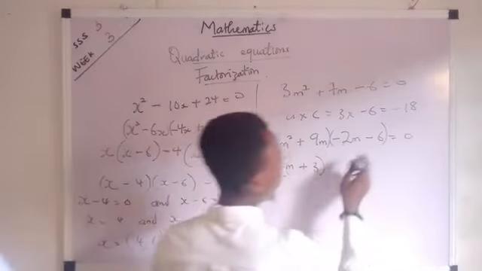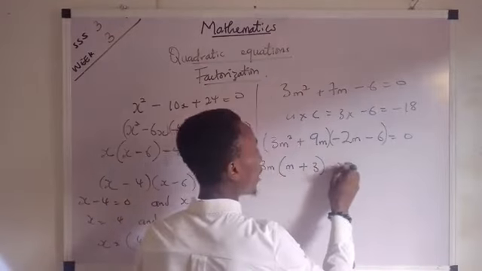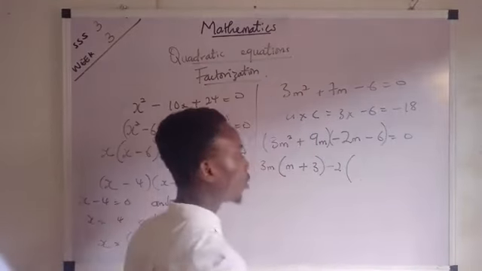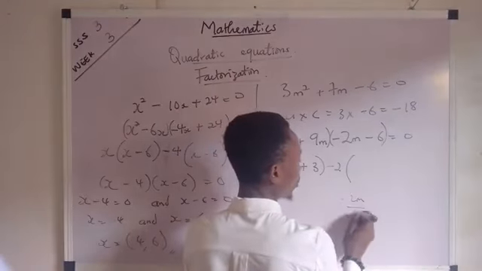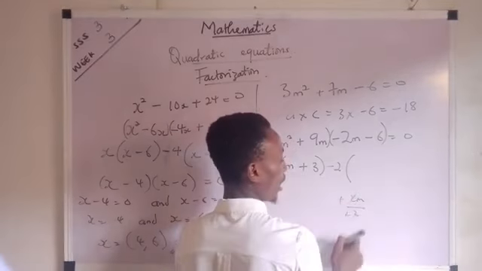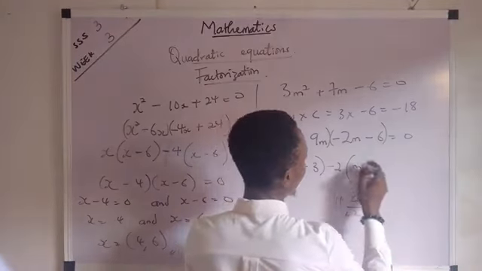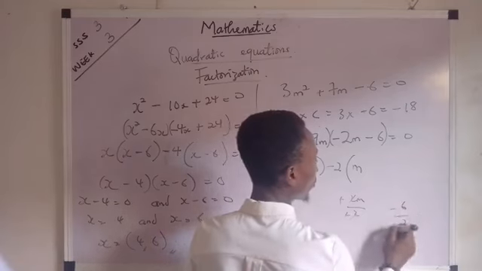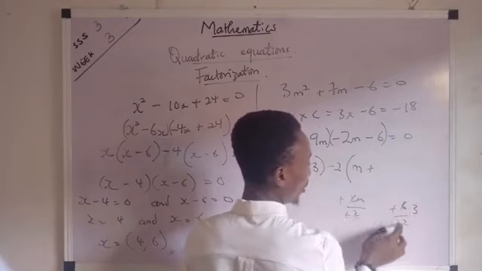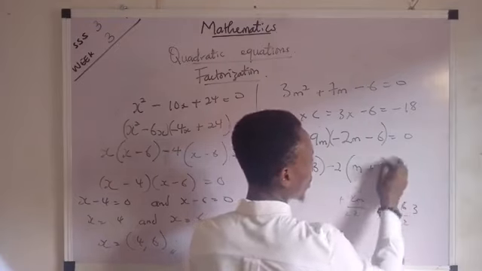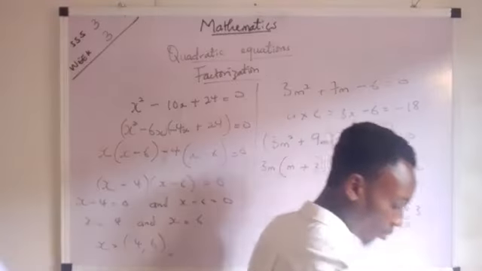Now what's common between them? m is not common, 2 is common. Minus 2, open bracket, what? Minus 2m divided by minus 2 gives us m. Now minus 6 divided by minus 2 will give us what? 3, abi? Plus, not minus, because this minus has cancelled this one, right? Equals 0.